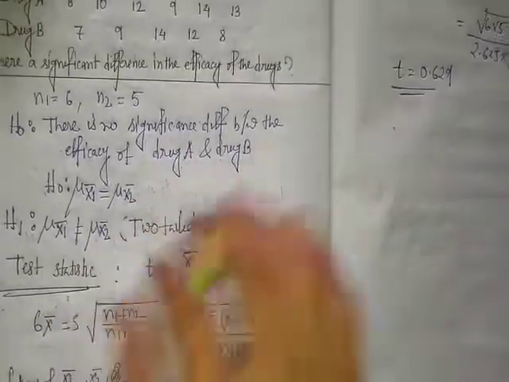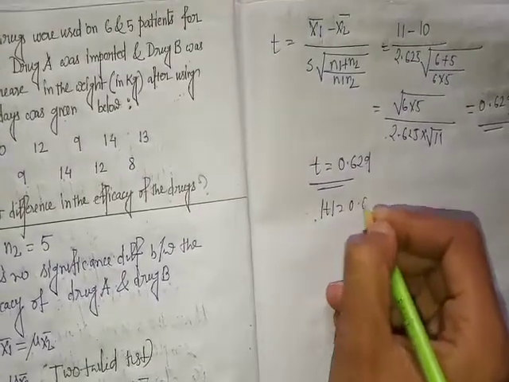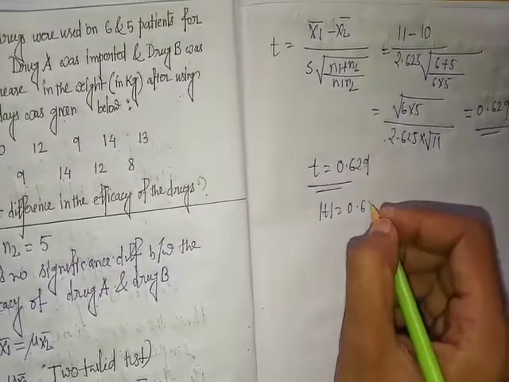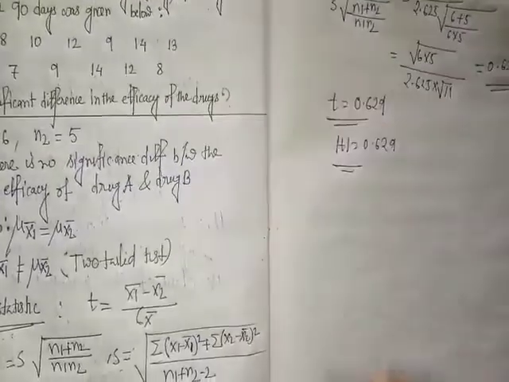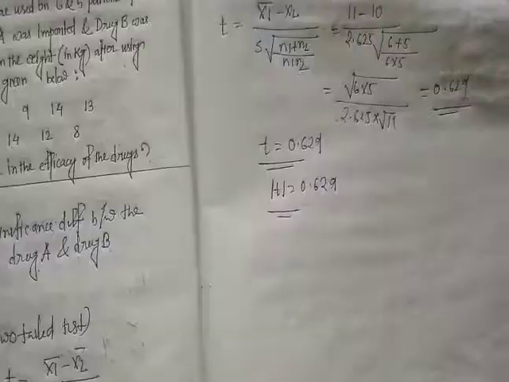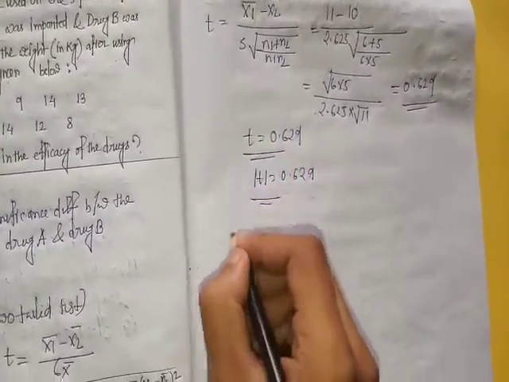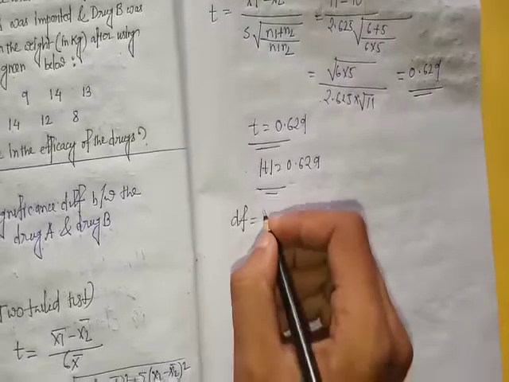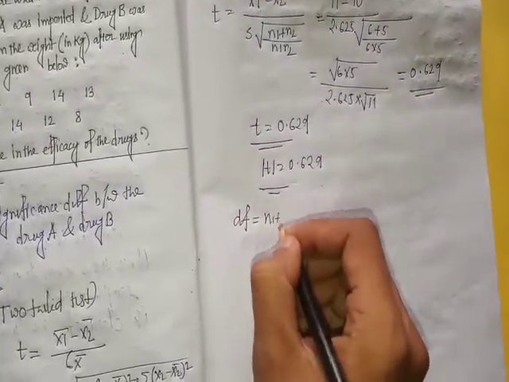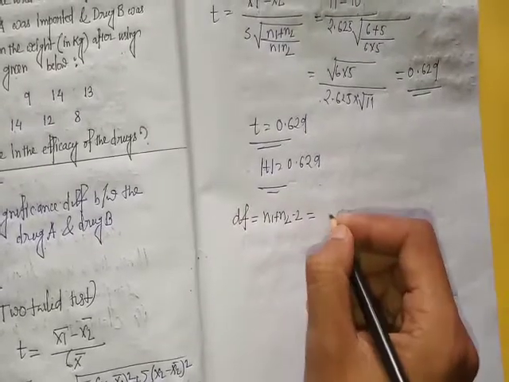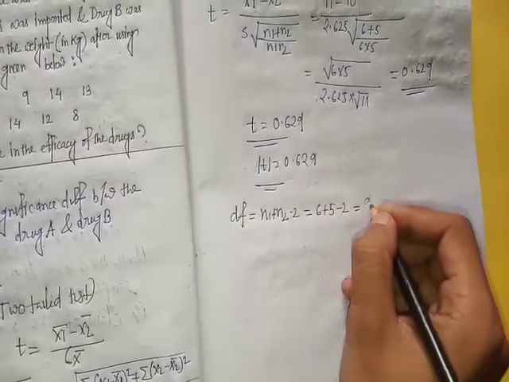Since this is a two-tailed test, we find the value of mod t, which is mod 0.629. Next, degrees of freedom. The formula of degrees of freedom for the unpaired t test is n1 plus n2 minus 2. Here n1 is 6 plus n2 is 5 minus 2, so that is 9.